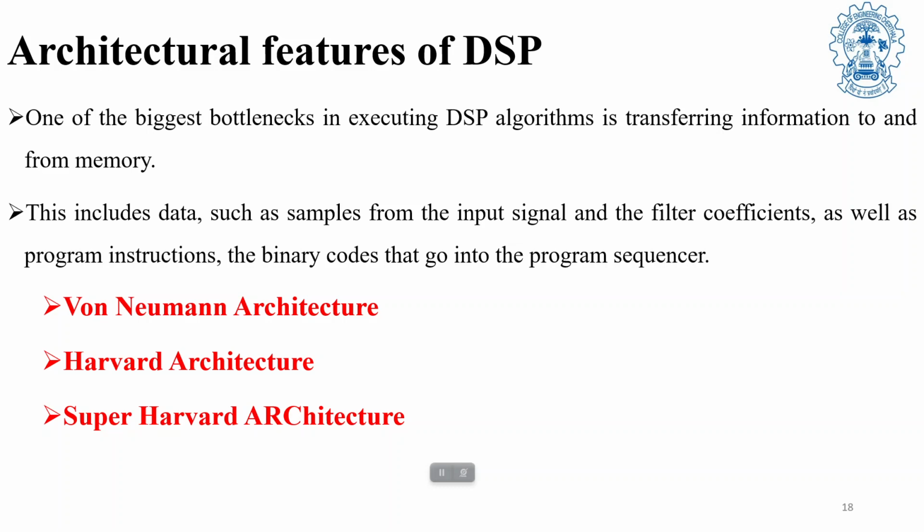And the instructions are the program instructions, which is a binary coded sequence, and that sequence decides which operation has to be performed. For example, if we want to multiply or add two numbers, we have to fetch three binary values from the memory.